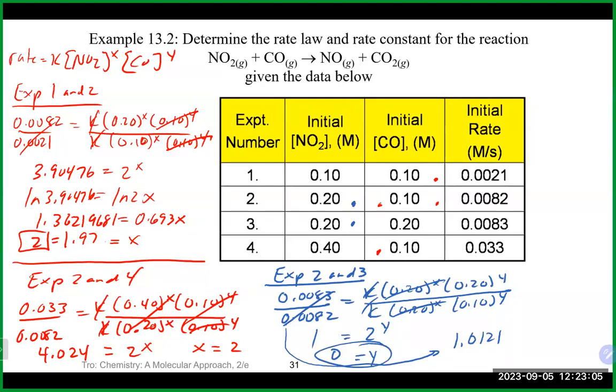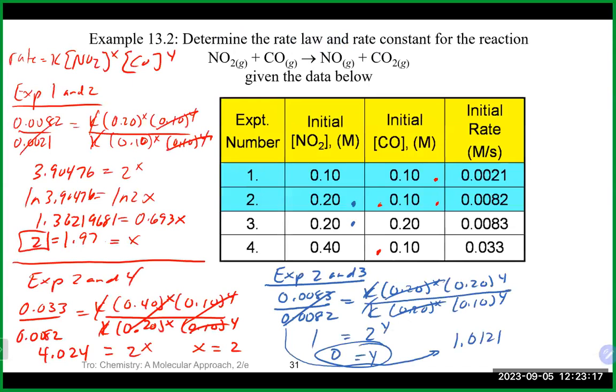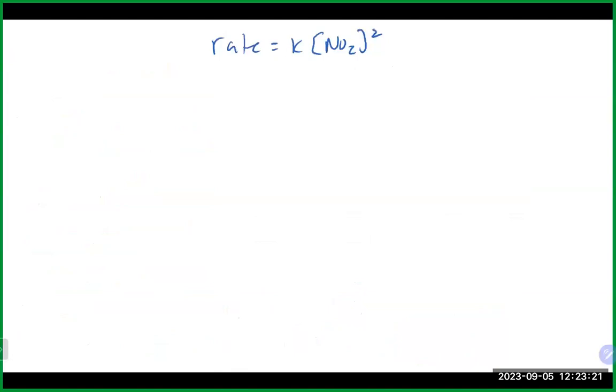All right, so we got some orders working here. So we have our rate. Our rate is equal to K NO2 squared. And in terms of our other reactant, our Y is going to equal 0, which means you really do not need to include it in the rate law because it's going to equal 1. If you do include it in the rate law, do you need to write the 0 on top of it?